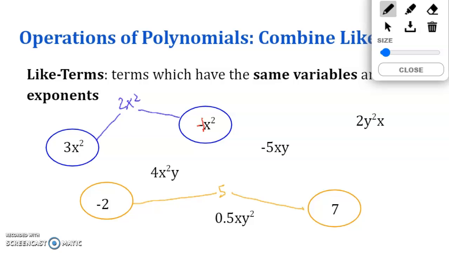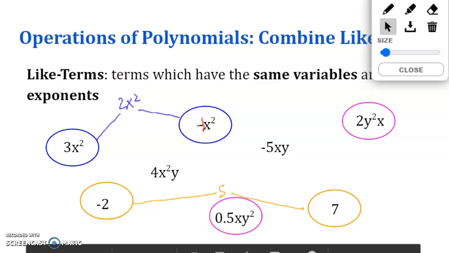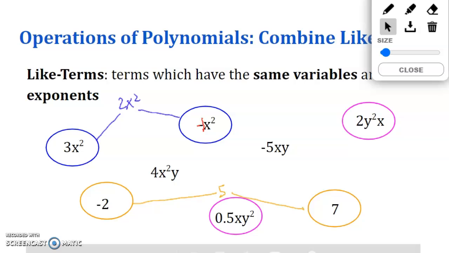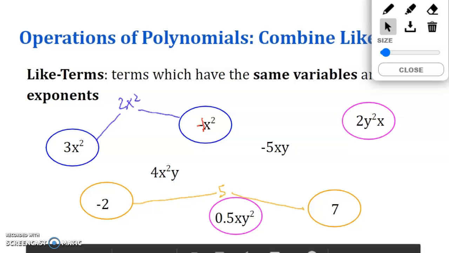Okay, well, what about these two? We have y squared and x here. We have y squared and x. The order is reversed, but that does not matter because multiplication is commutative. That means the order does not matter. This is all just multiplying 0.5 times x times y squared, y times y.